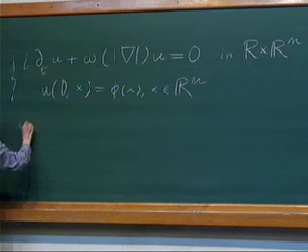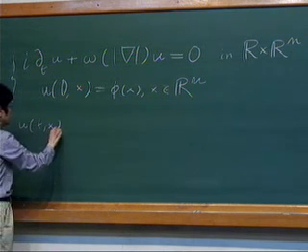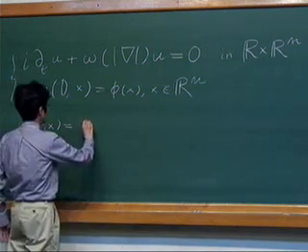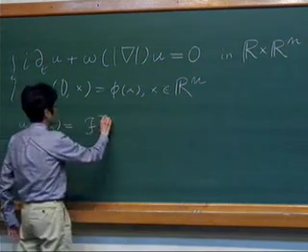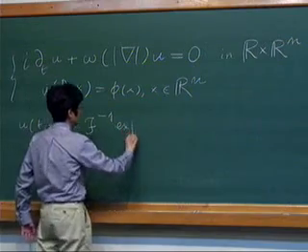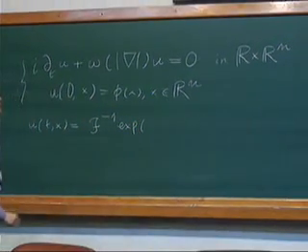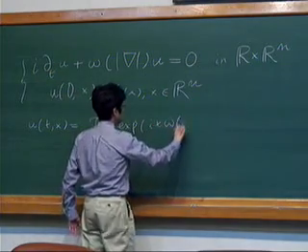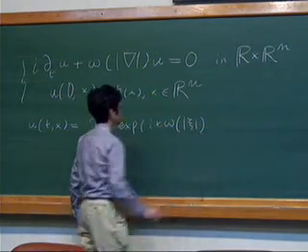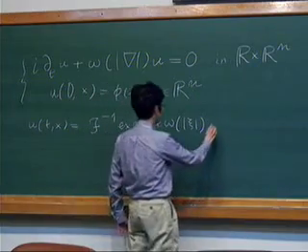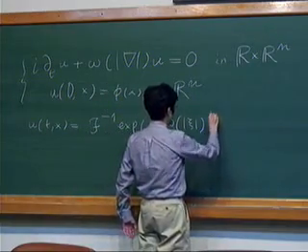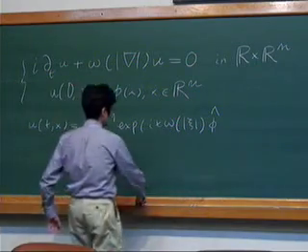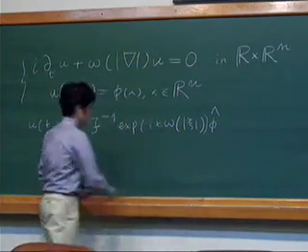So at least formally, this solution has a representation like this, where ξ is the dual Fourier variable to x.